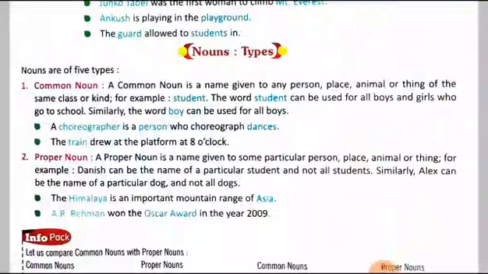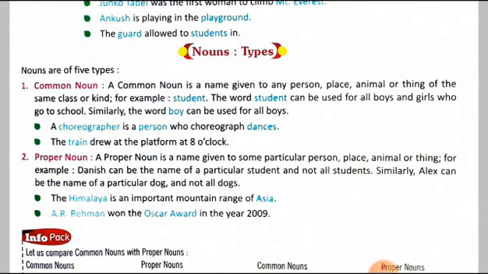A common noun is a name given to any person, place, thing, or emotion of the same class or kind. For example, student. The word student can be used for all boys and girls who go to school. Similarly, the word boy can be used for all the boys. Here, two more examples are given.